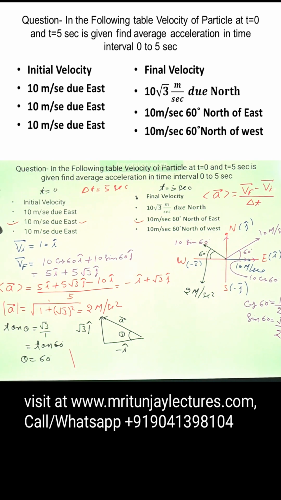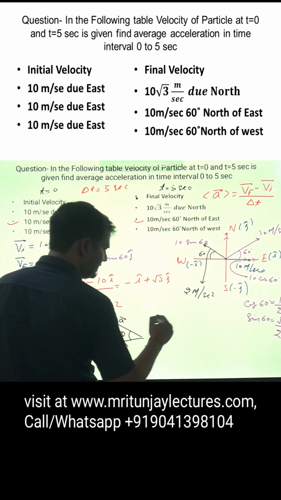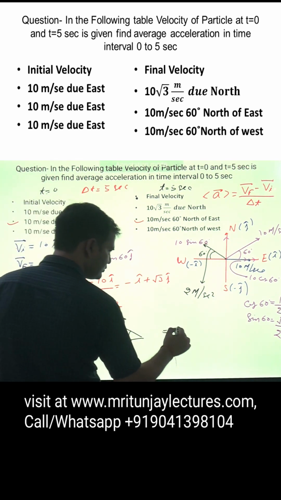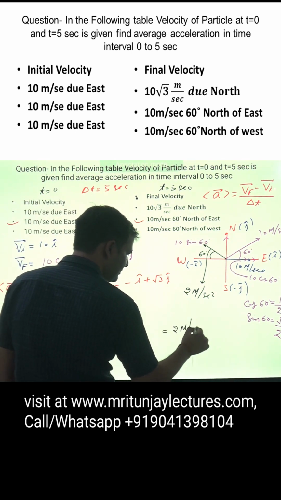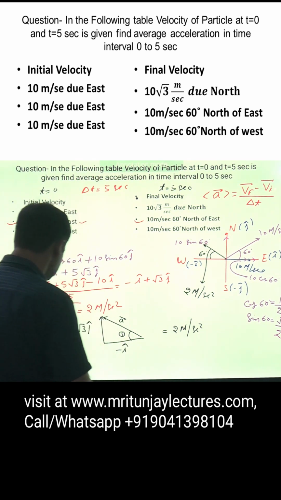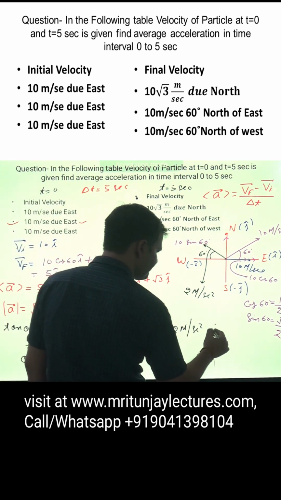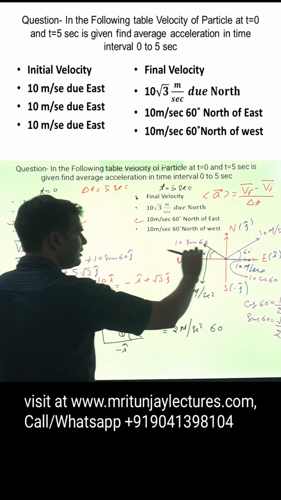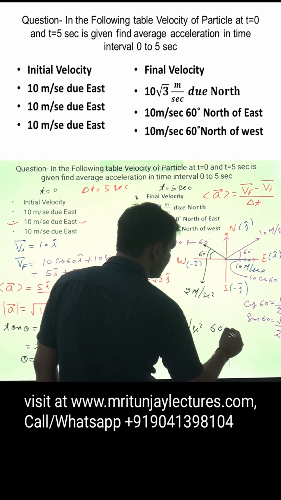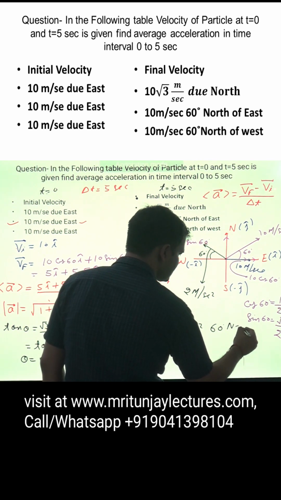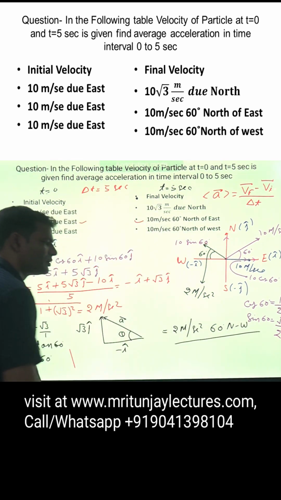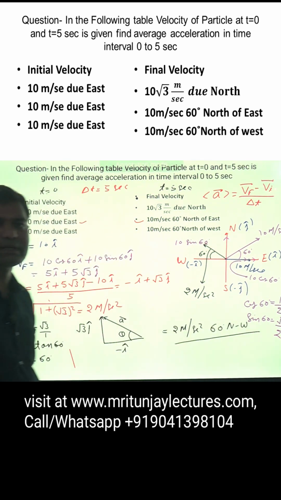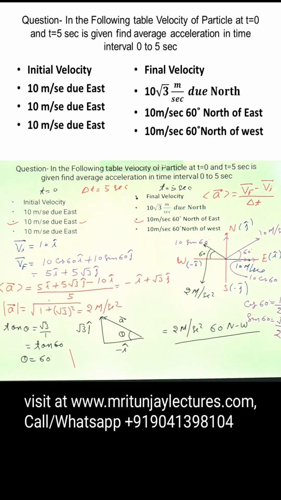So finally, what about acceleration? Acceleration is written as how much? 2 meter per second square, 60 degree north of west. Clear or not? Simply, 2 meter per second square, 60 degree north of west is the final answer.